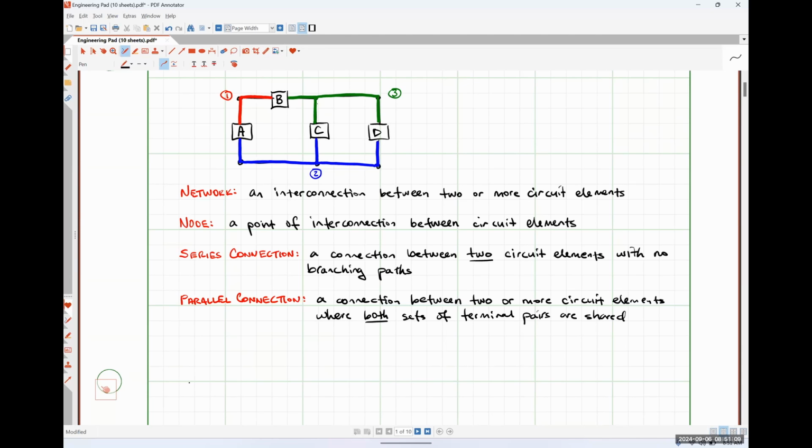Okay. So that's one of the things that I don't believe the Engineering 120 series does a good enough job of describing, is that not everything is going to be connected in series or parallel. Okay. It's perfectly fine that things aren't. We're going to learn some tips and techniques to draw what are called electrically equivalent circuits that allow us to consider things like they were connected either in series or in parallel, but we can't do that until we get to specific circuit elements like resistors, capacitors, and inductors.